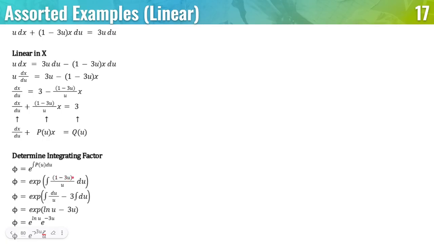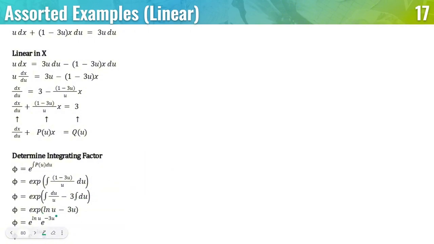Next, for this one, you separate it first into 1 over u minus 3u, which becomes 1 over u minus 3. And then you can distribute the integral sign and the du. So it's going to be like this here. Next, the integral of this is going to be ln u, and the integral of this is just u. So ln u minus 3u.